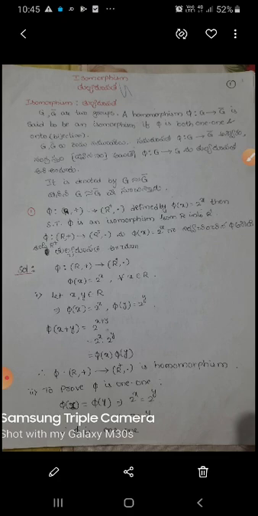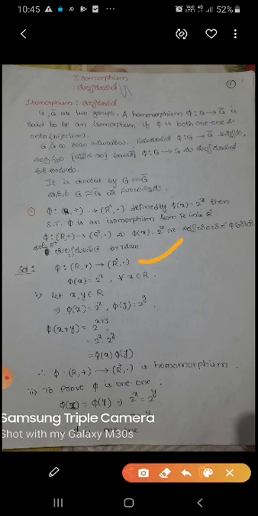First example, phi maps R, plus to R plus, dot defined by phi of x equal to 2 power x, then show that phi is an isomorphism from R into R plus. Solution, what is given?